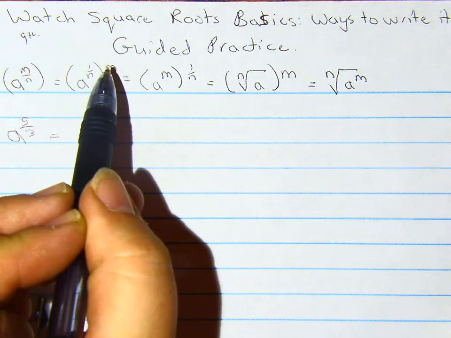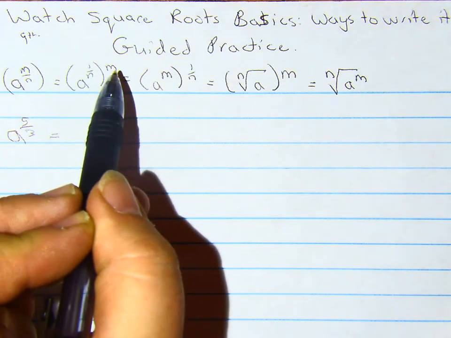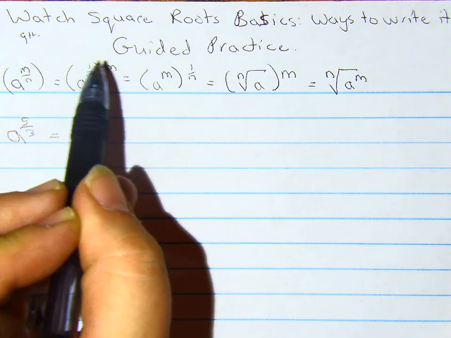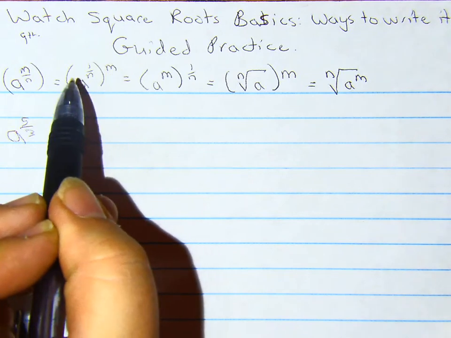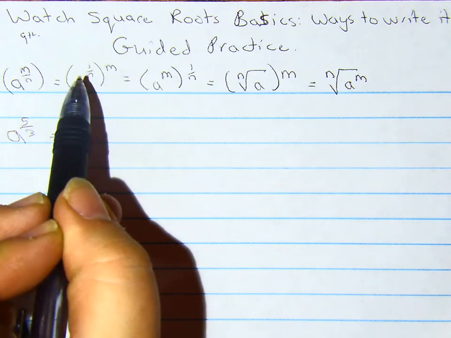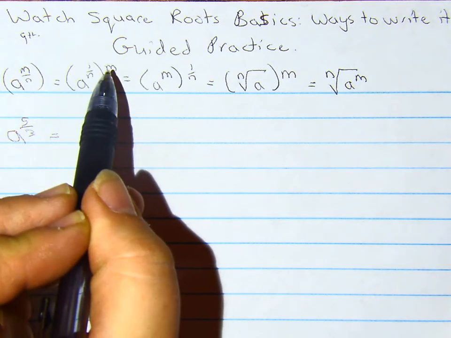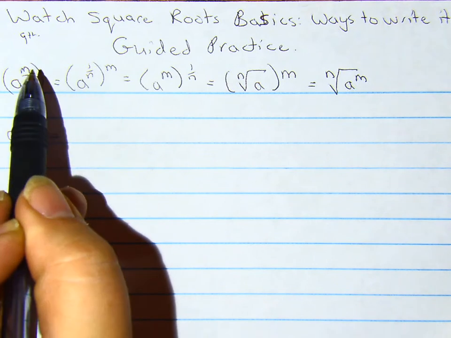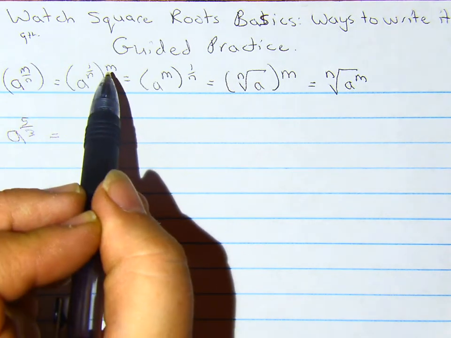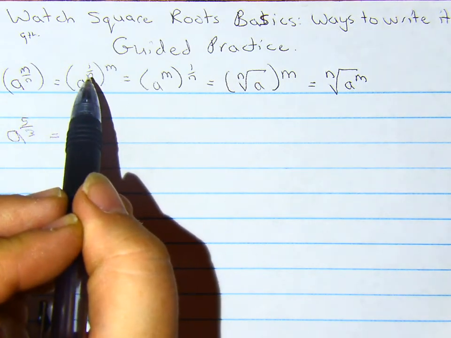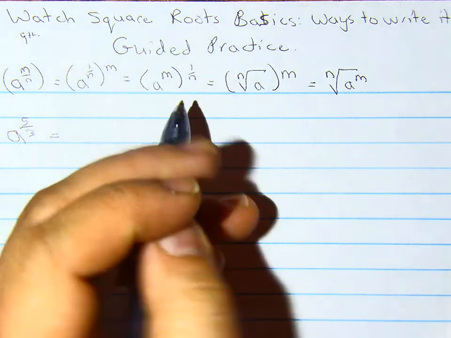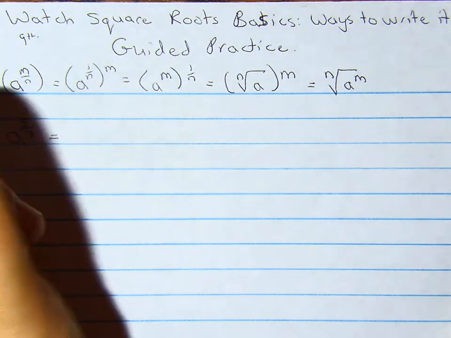As you know, when we raise a power to a power, we end up multiplying the exponents together. We do m times 1, which is m, and any whole number over 1 times n would give us this number here. So we're just working our rules of fractions.